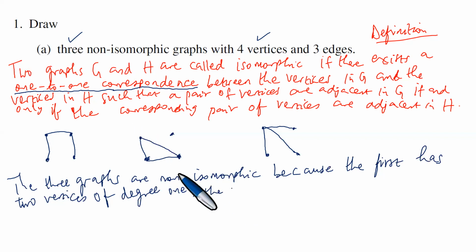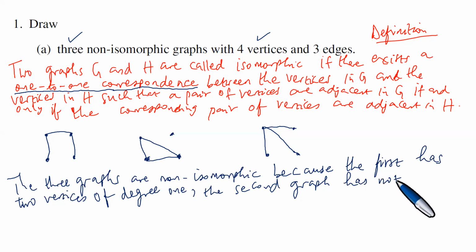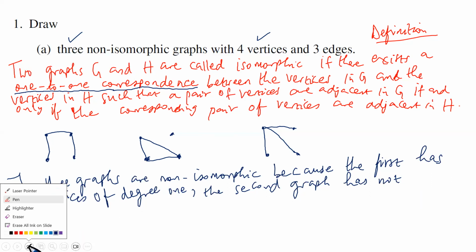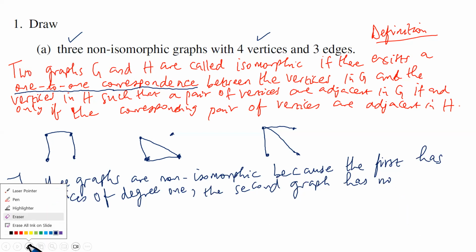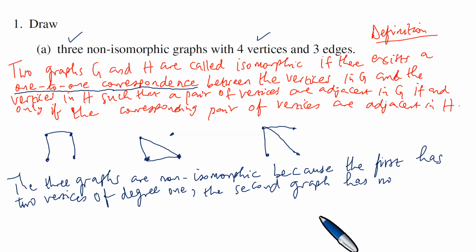Moreover, the second graph, this one here, you need to always substantiate. That is the point. The second graph has no vertices of degree 1.